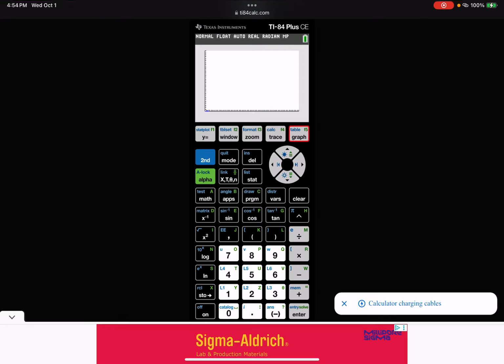I need to fix my window. They told me to only graph it for the values of x from negative 3 to 3, and leave that like that. I'll make this be negative 10 to 10 by a scale of 1. Okay, so it looks like this.